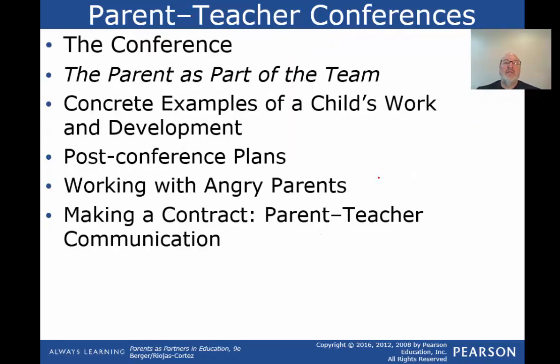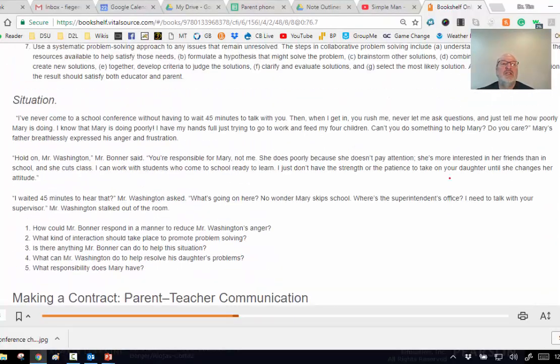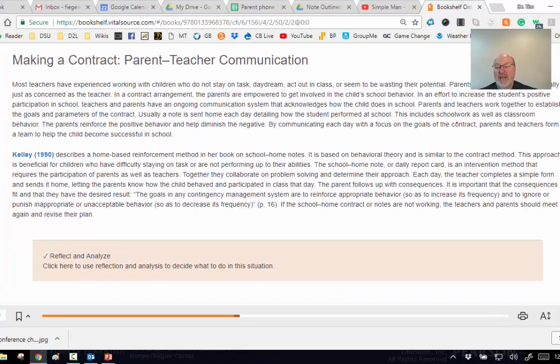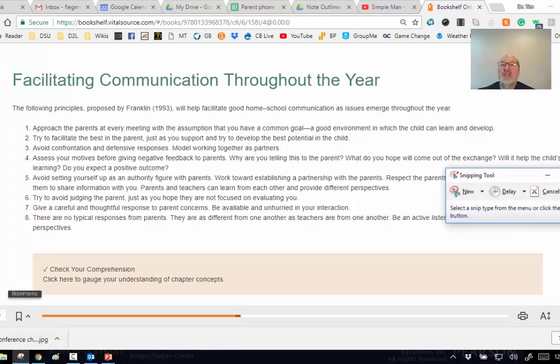But number 13, you're going to give me one line about each of these. And then again, it gives you a situation that might be helpful to you. And then making a contract, what that has to do with. And then facilitating communication throughout the year. I'm going to clip this.